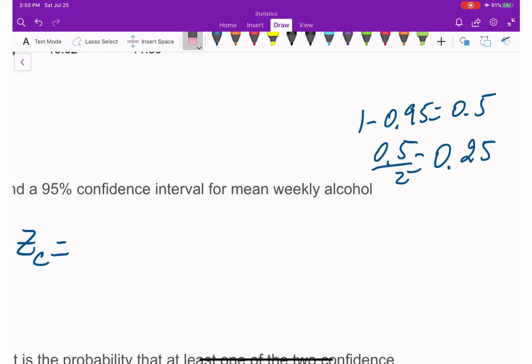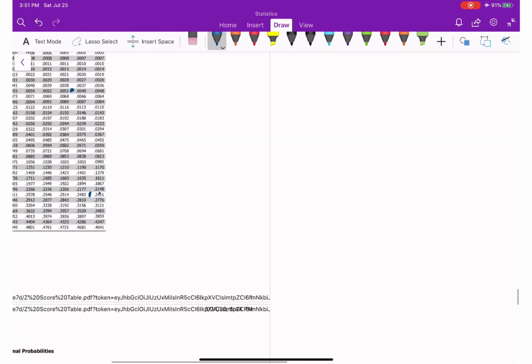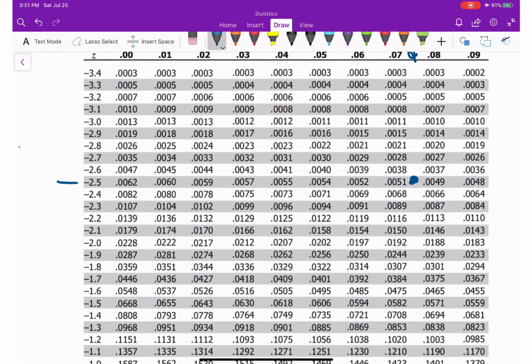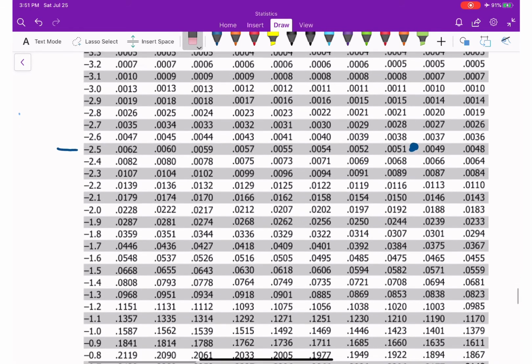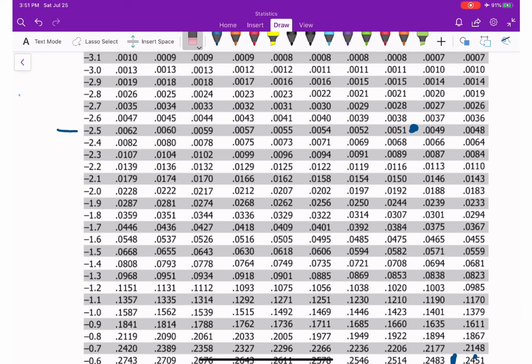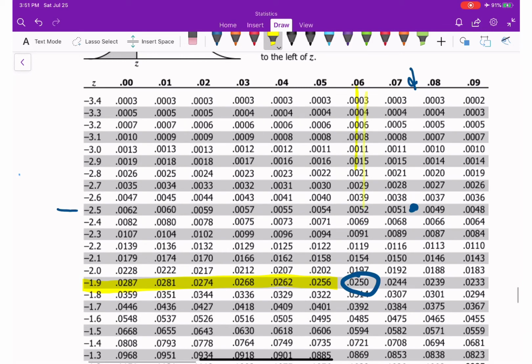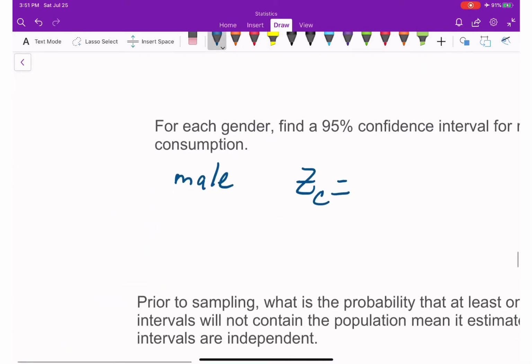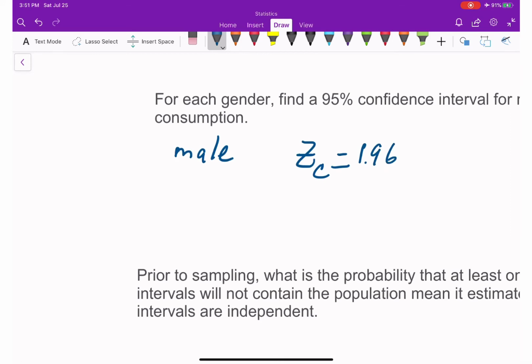Okay, 0.025, going back here. 0.0250 right here, which means it's coming negative 1.96. Okay, 1.96.